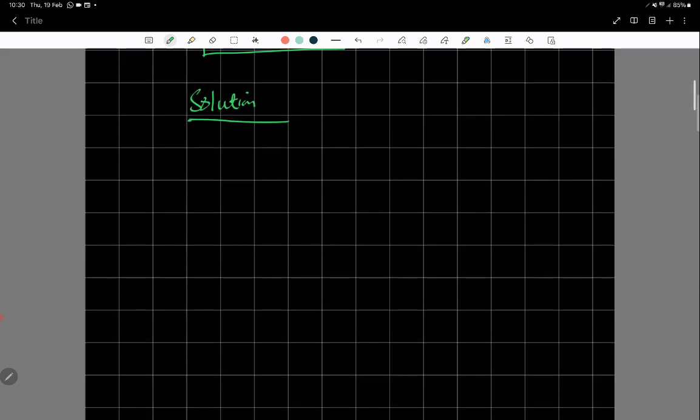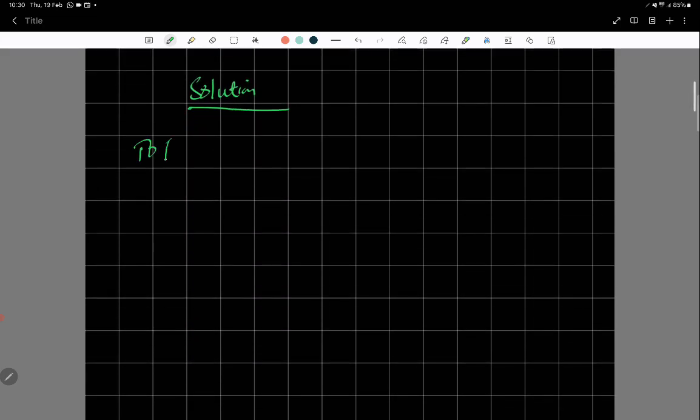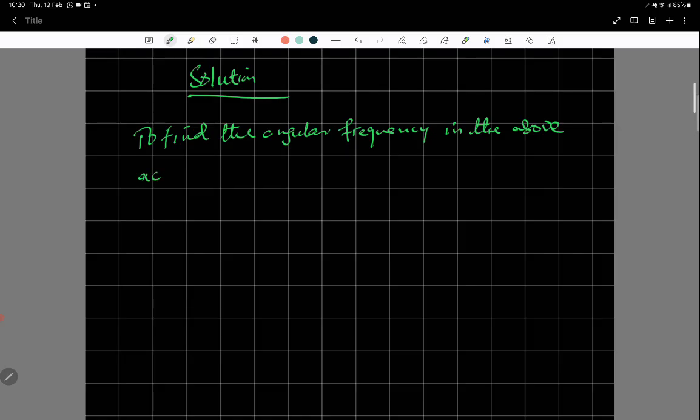We have been challenged to find the angular frequency in the above AC circuit.